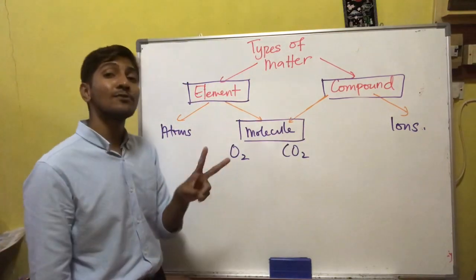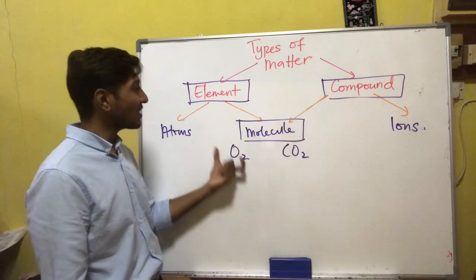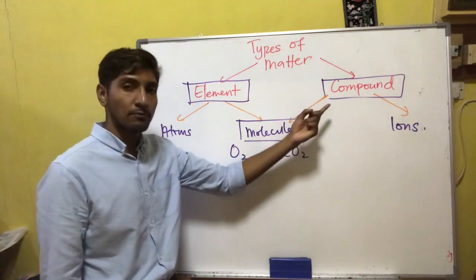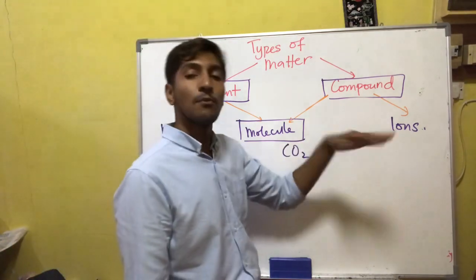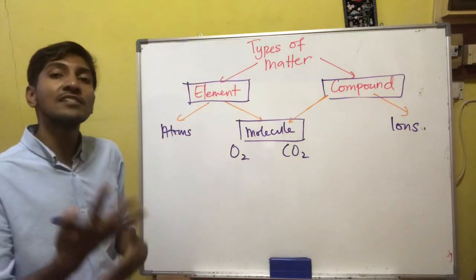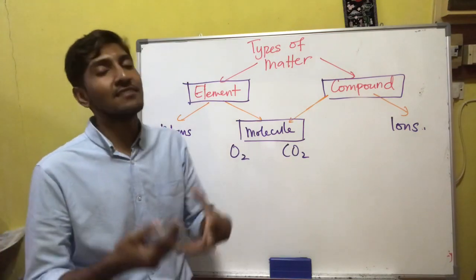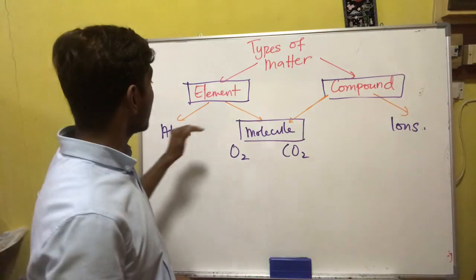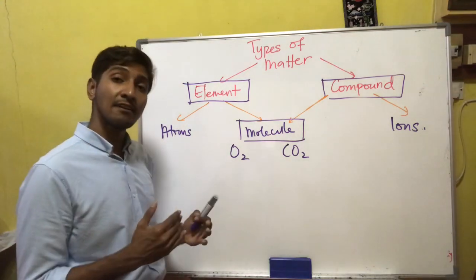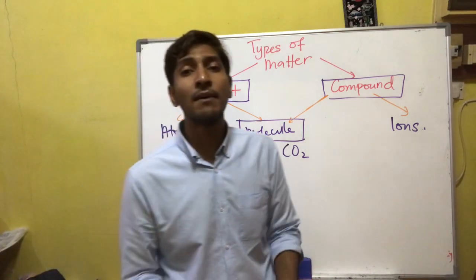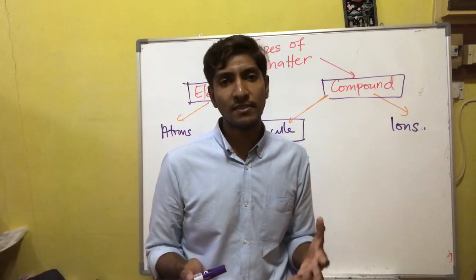While the oxygen molecule is two of the same atom, so we still classify it as an element, whereas this is a compound. As for ions, we're going to talk about them later, but an ion is when an atom changes its configuration and forms an ionic bond. Later we're going to talk about the atom, what is in an atom, how to draw an atom, and what is the history of the atom.